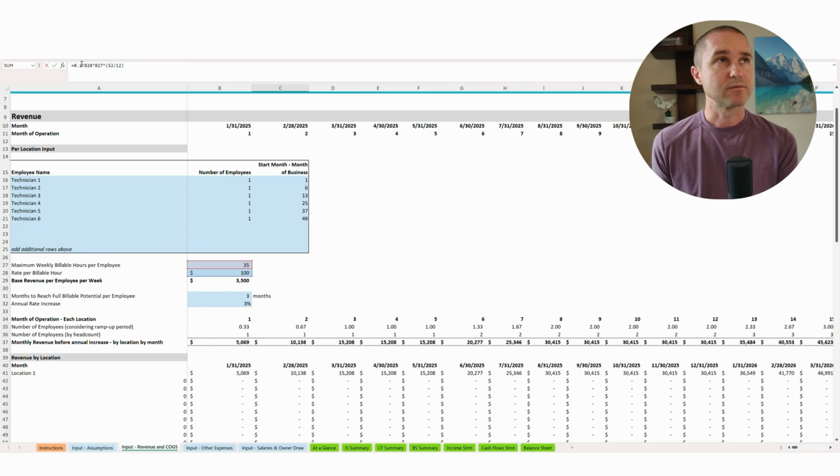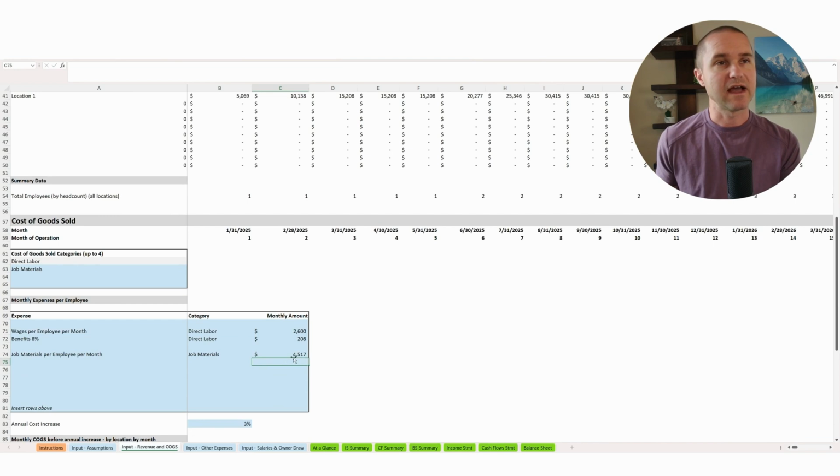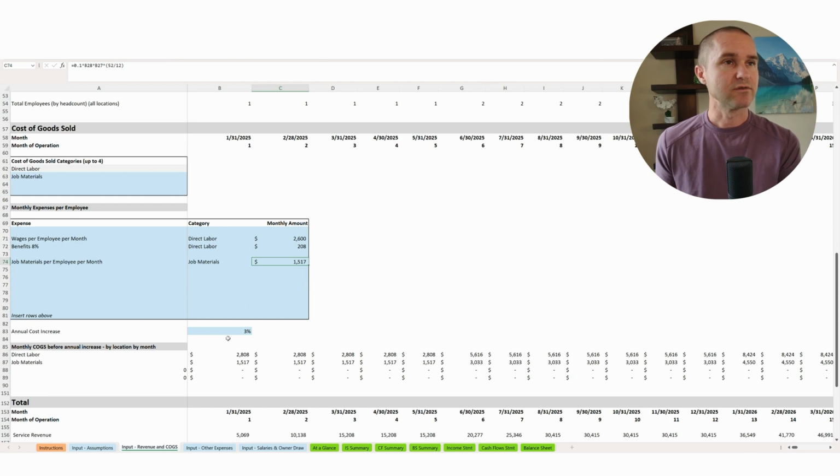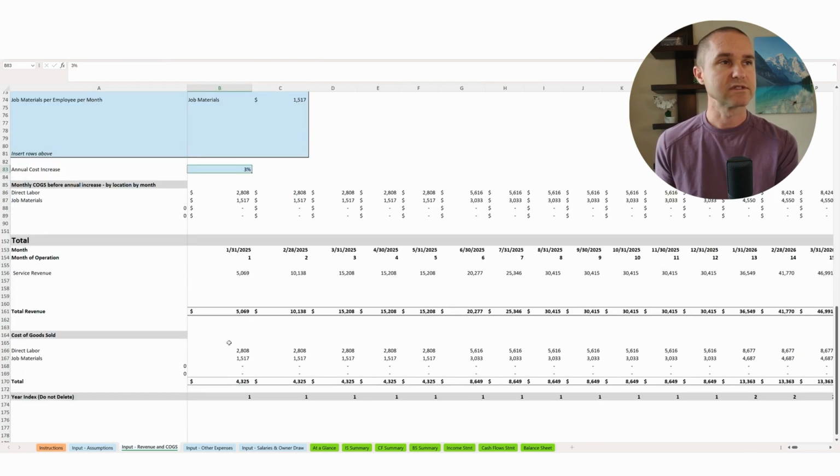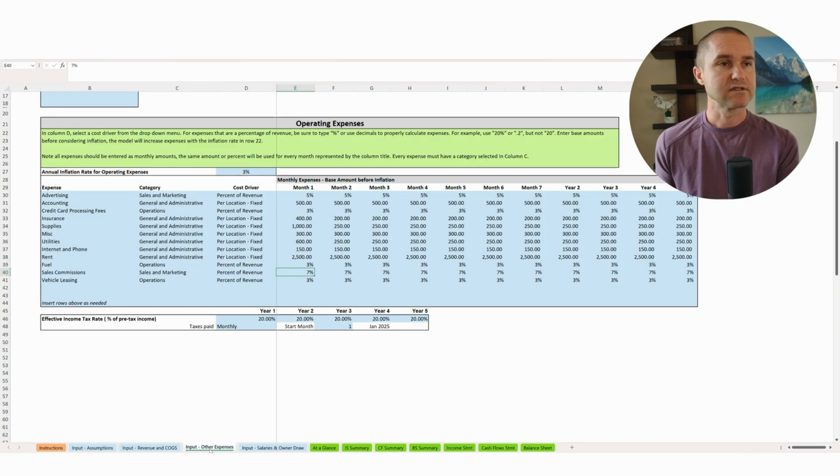So I took 0.1 times the billable rate per hour times 35 hours per week, and then times 52 divided by 12 to convert from a weekly amount to a monthly amount. So all that to say, I ended up calculating how much I think I'm going to spend on materials per employee, and ultimately it ends up being 10%. I just wanted to make it 10% of my revenue going towards job materials. Okay, and we can apply an annual cost increase here of 3%. And the rest of this, again, is just calculations.